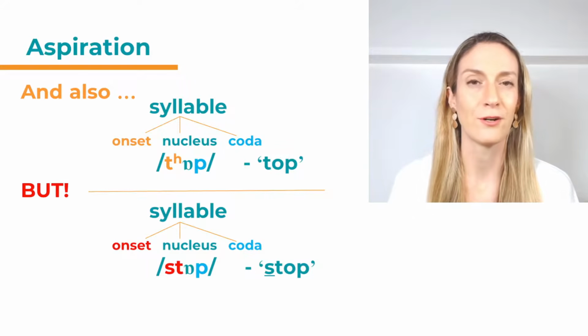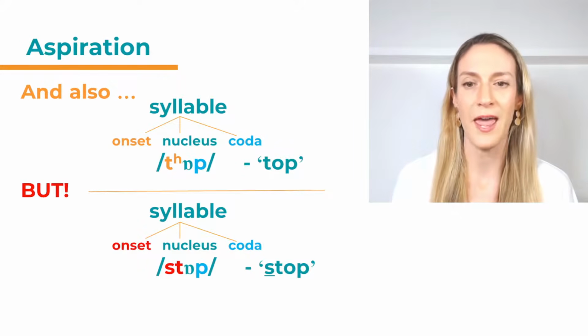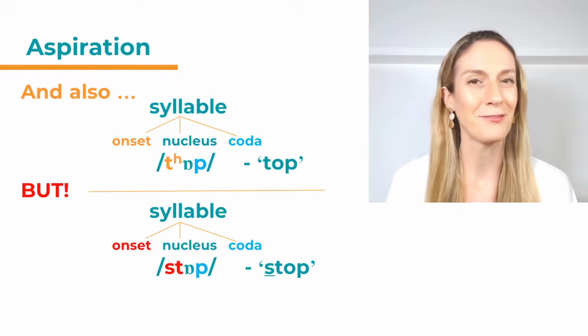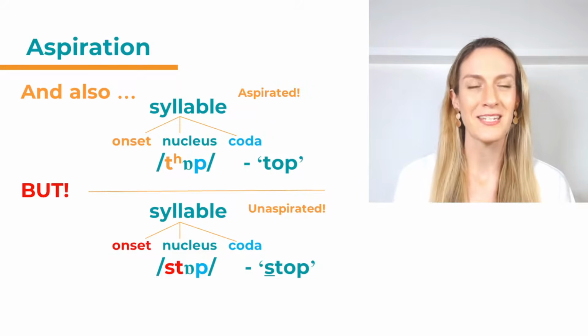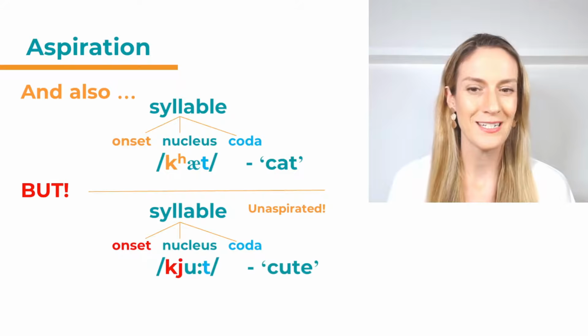Sorry, I said it wrong. Chop, stop. Say it a couple of times, and like I said before, just use the hand method, so see if you can at least feel a difference, even if you can't hear a difference. And again, the first example is aspirated, and the second one is unaspirated.